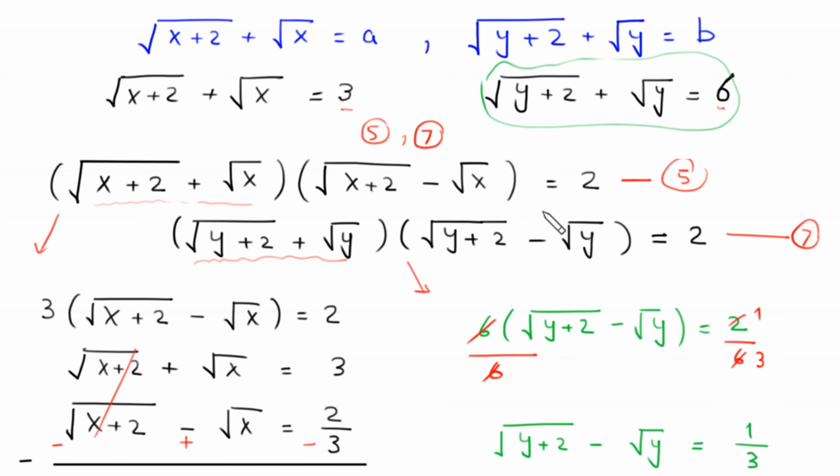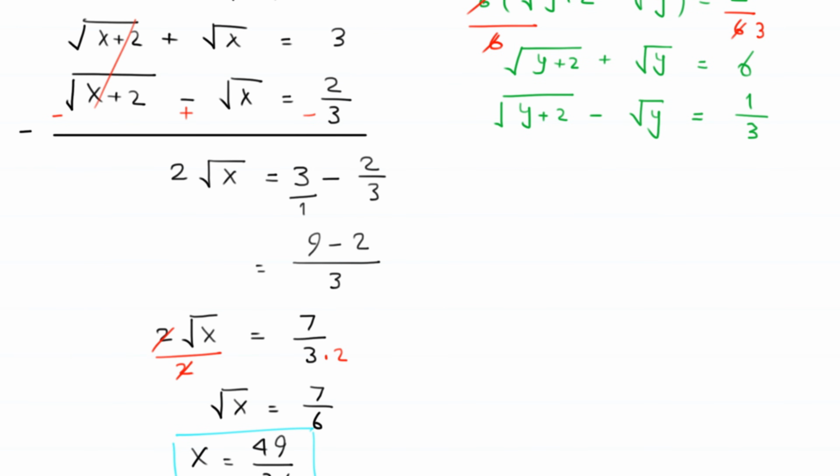So we copy down this equation here, root y plus 2 plus root y is equal to 6, and we subtract these two equations. Since we are subtracting, this positive will become negative, this negative will become positive, this positive will become negative, this cancelled out, and 1 time root y plus 1 time root y will become 2 times root y is equal to, this will become 6 minus 1 over 3.